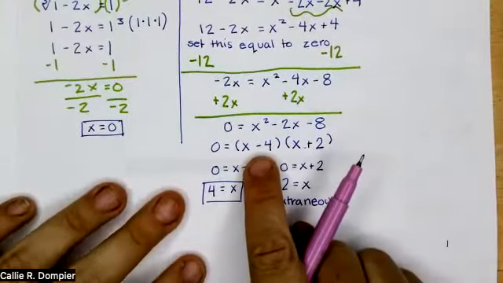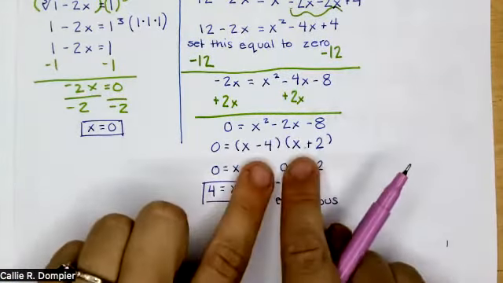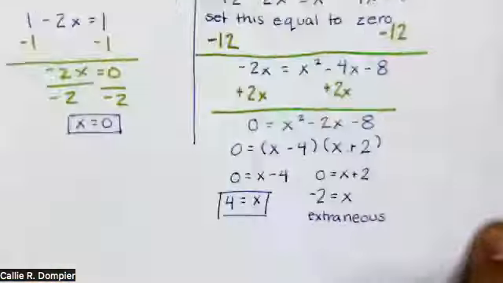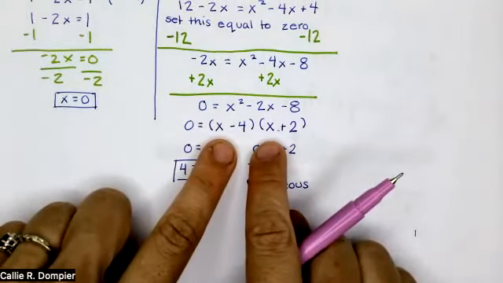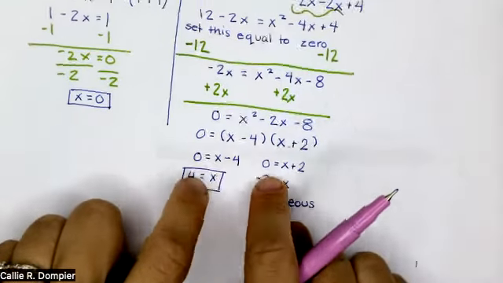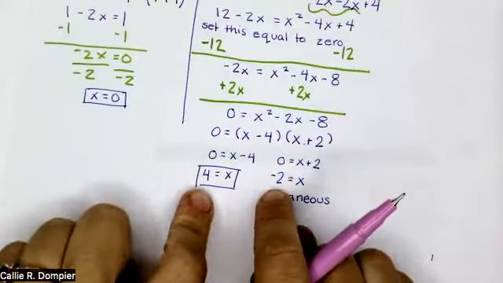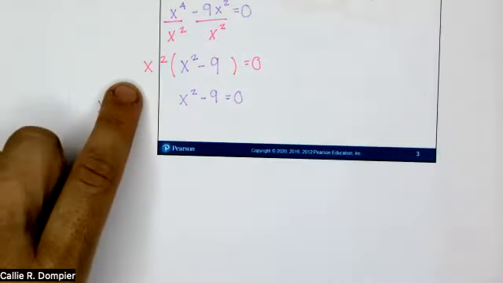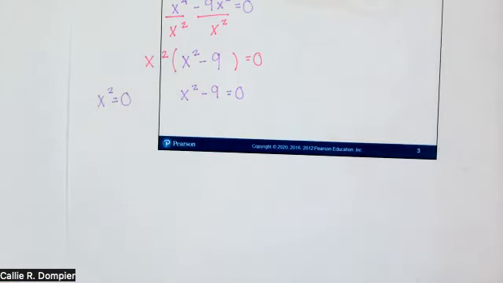Just like over here, right? Here we factored it into two binomials. Here we have a monomial and a binomial. But again, as soon as you have two factors set equal to 0, you just solve each of them for x. It's okay that one is a binomial and one is a monomial.